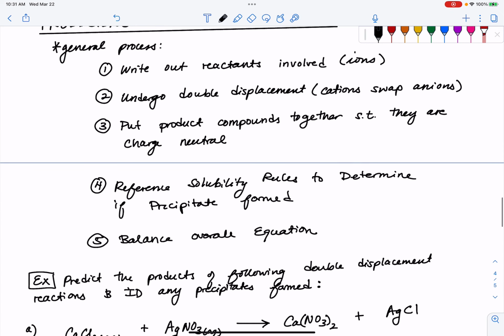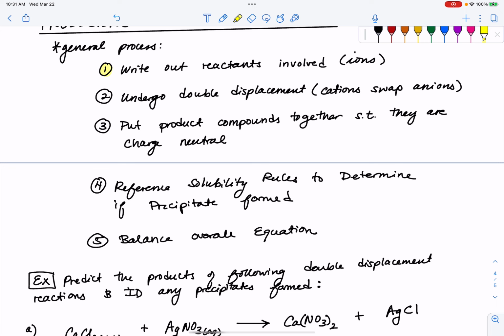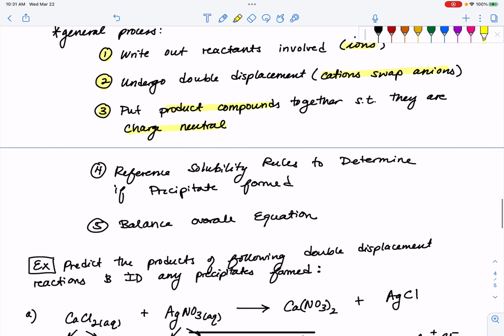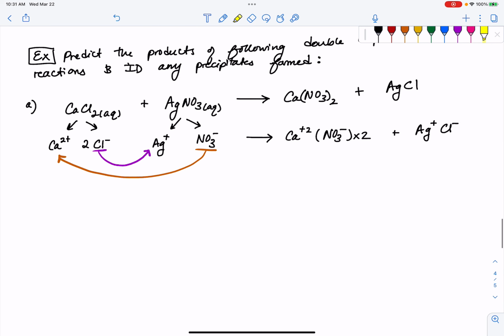So we have done step 1. Write out our reactants involved, specifically the ions they contribute. Identify what ions are going to be swapped. Swap your anions. And put your compounds together. So product compounds must be charge neutral. And up next, we need to reference the solubility rules to determine if a precipitate is formed.